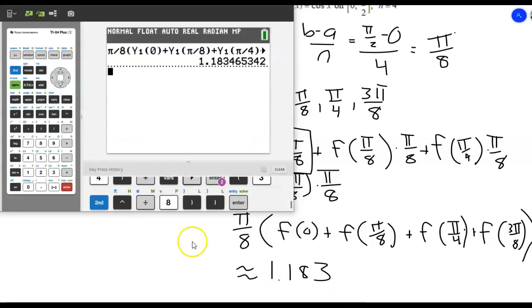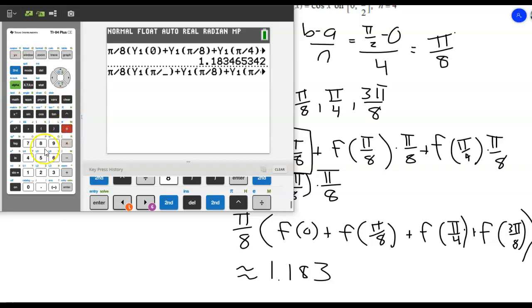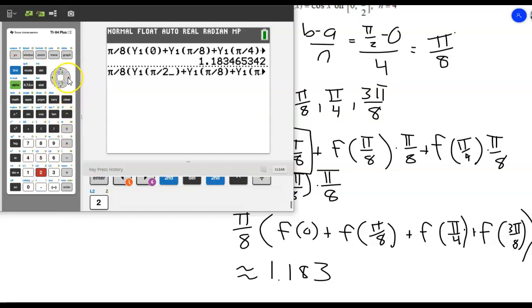If I'm using my calculator already, and I do second entry, I pull that up here, really all I have to do is go to my very first term, and instead of y of 0, that's going to be y of pi over 2. So second insert, second pi divided by 2, and let's get rid of that 0 there.